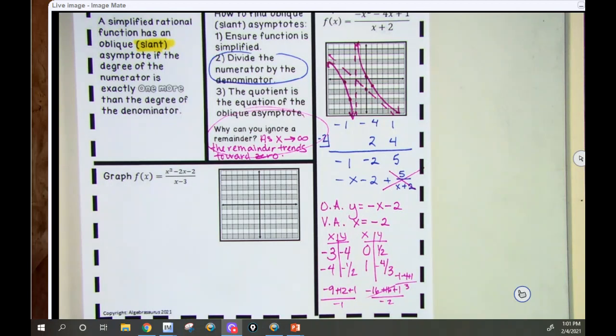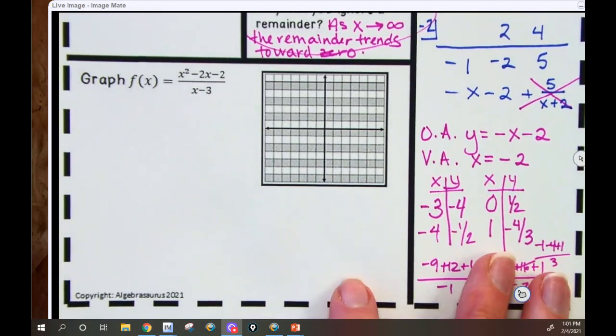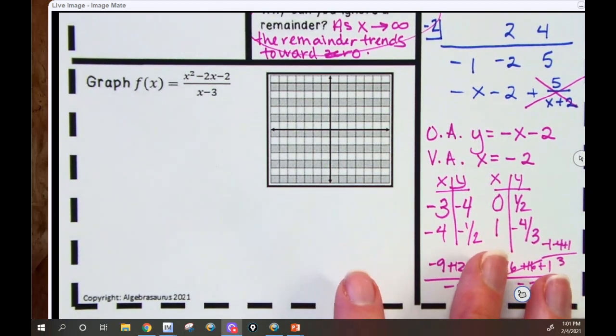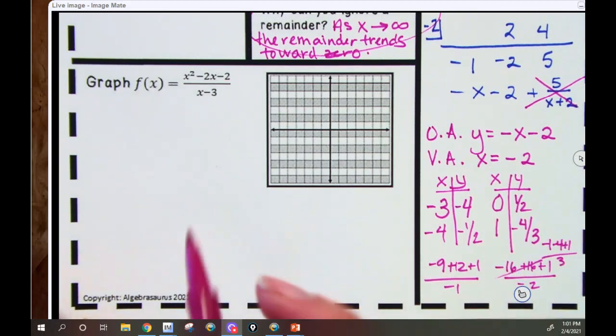Let's do one more together, and then I think you'll be good. My numerator is 1 degree higher than the bottom. So what do you know right away? It's an oblique. I'm going to have an oblique asymptote, and I have to calculate that. How do I calculate that?